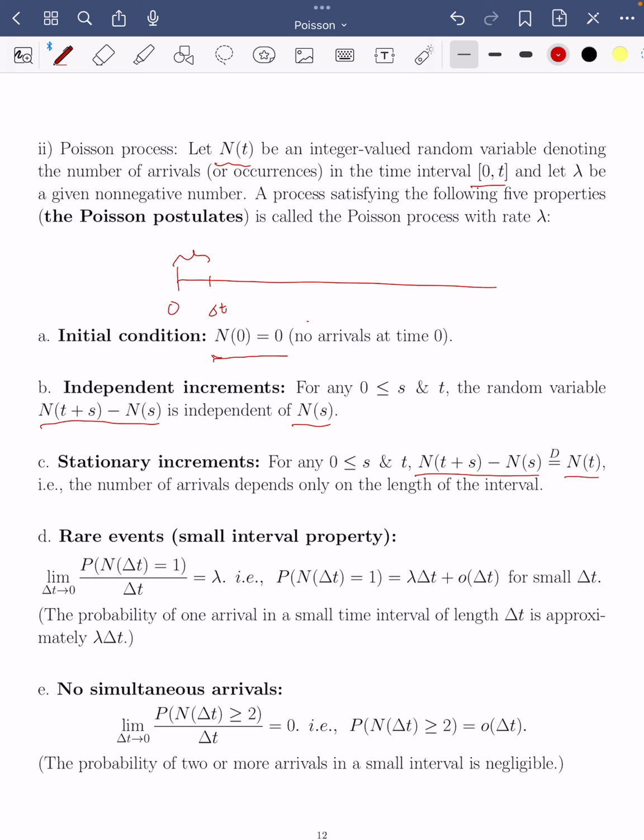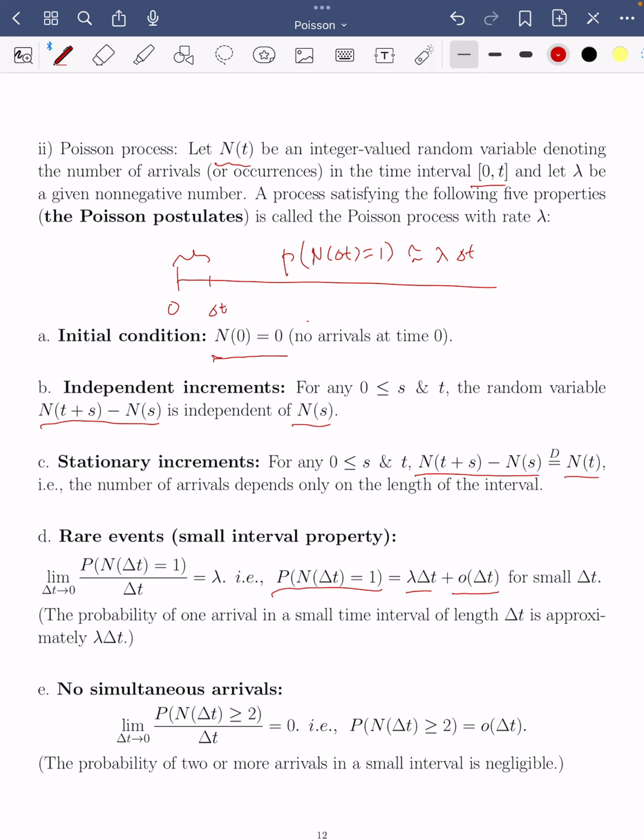We say that the probability that N(delta t) equals 1 is approximately equal to lambda times the length of this interval, so it is lambda times delta t. Or we can write that the probability that N(delta t) equals 1 is equal to lambda times delta t plus little o of delta t.